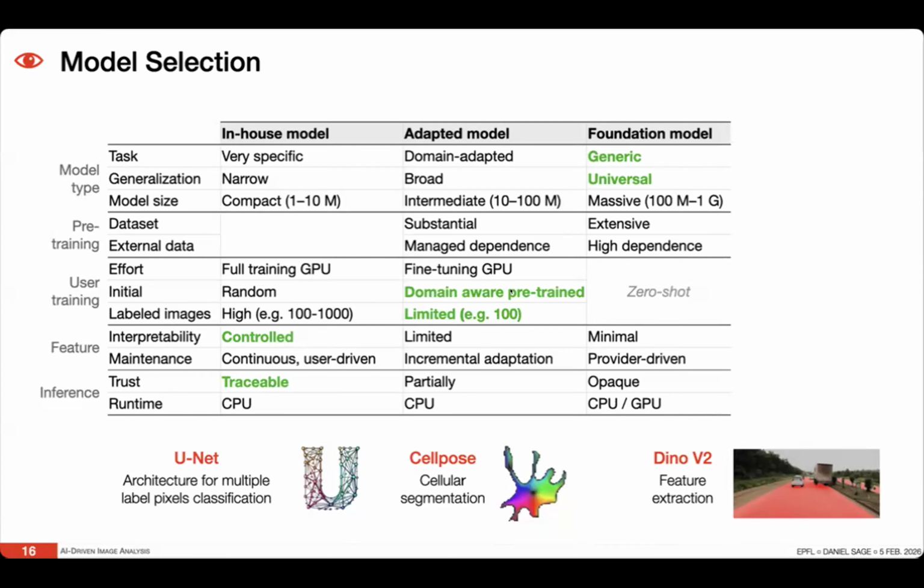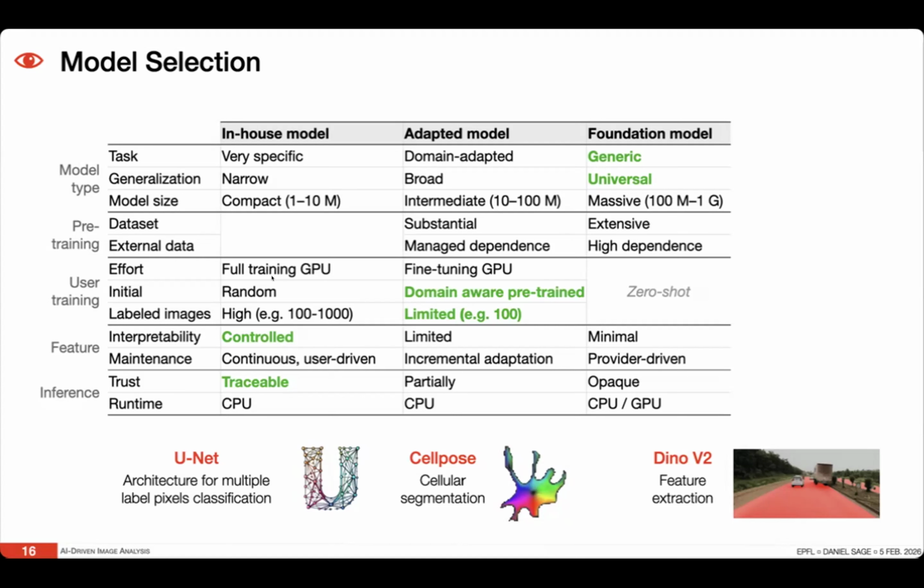It's a model which already exists, and you will just fine-tune it using a GPU. But in that case, the number of images that you have to provide is pretty small. So that's a limited effort to adapt your model to your domain, and you obtain something which is pretty interesting.